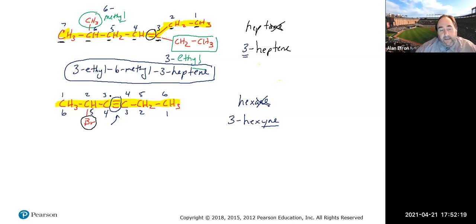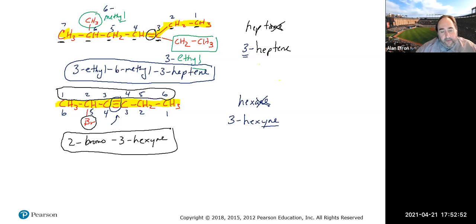Because it does not make a difference which way you go for our triple bond, which is really the most important thing here, we're going to choose the top numbering, left to right, because in the top numbering, that gives our group, the bromo group, a smaller number than if we went right to left. So instead of 5-bromo, we now have 2-bromo. Putting that together with the rest of the name gives us 2-bromo-3-hexyne.